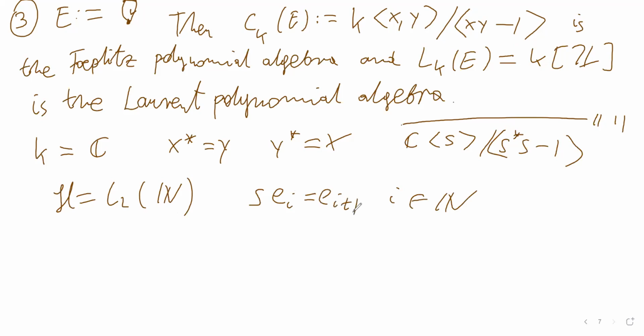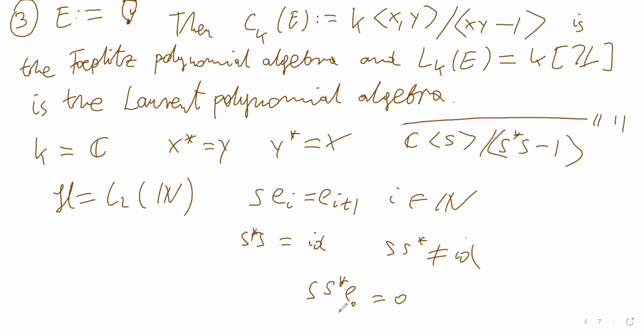And you can very quickly see that S*S is equal to identity. Well, because if I shift up and shift down, that's the identity. However, SS* is not identity. It's identity everywhere except for i equal to 0, right? Because if I have S* on e_0, this is 0.